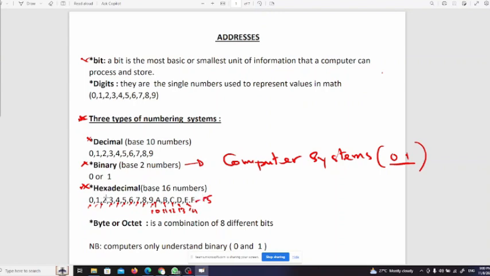Are you okay? So the hexadecimal numbering system is made of letters and numbers.